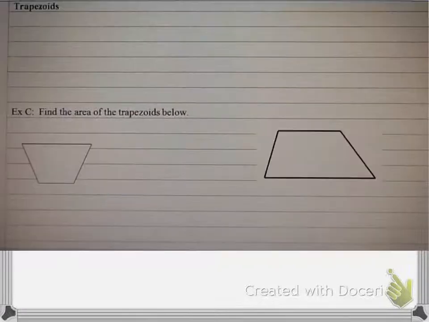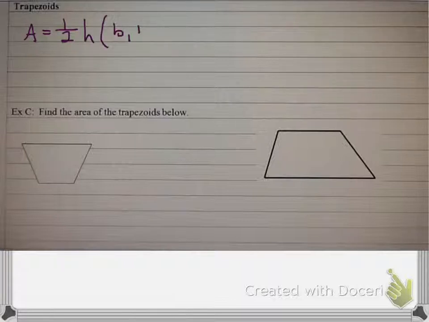Alright, next, trapezoids. So the trapezoid formula is area equals 1/2 times the height times B1 plus B2.